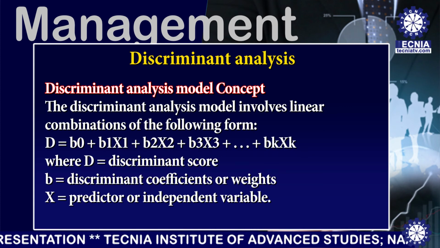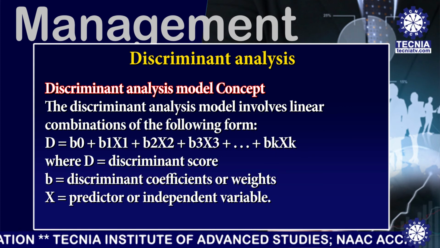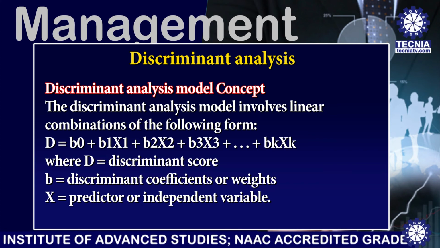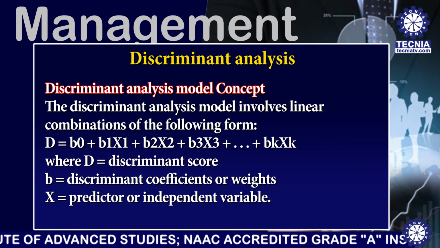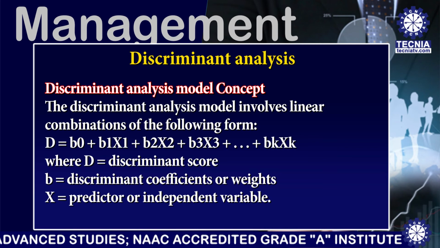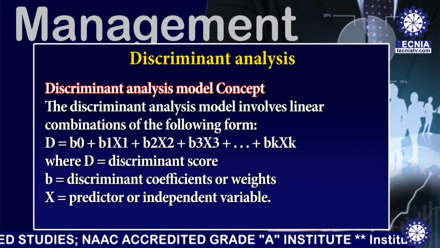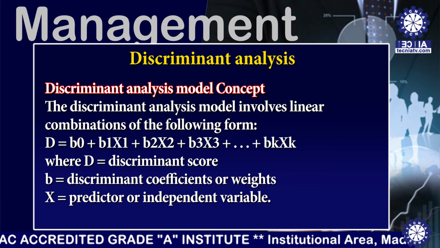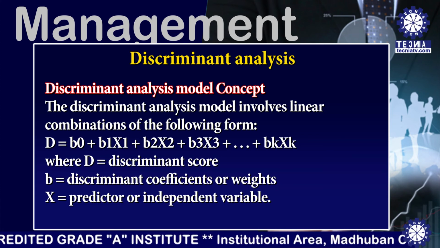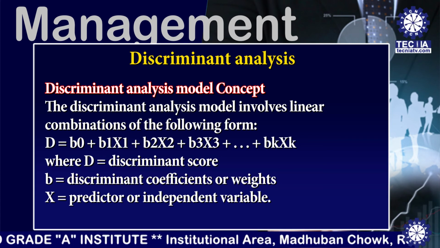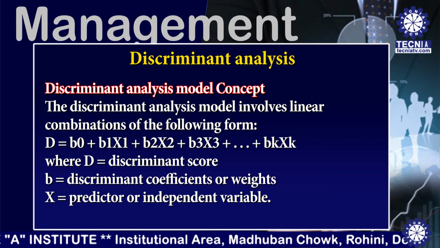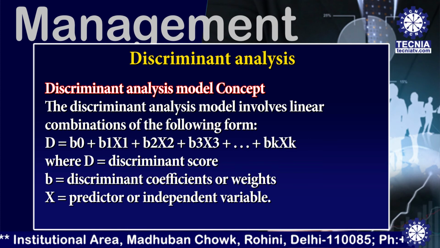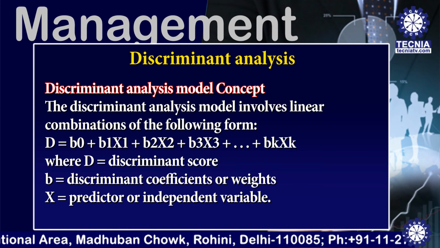Now I am explaining the discriminant analysis model concept. The discriminant analysis model involves linear combinations of the following form: D equal to B0 plus B1 x1 plus B2 x2 plus B3 x3 plus Bk xk, where D equal to discriminant score, B equal to discriminant coefficients or weights, and x equal to predictor or independent variable.